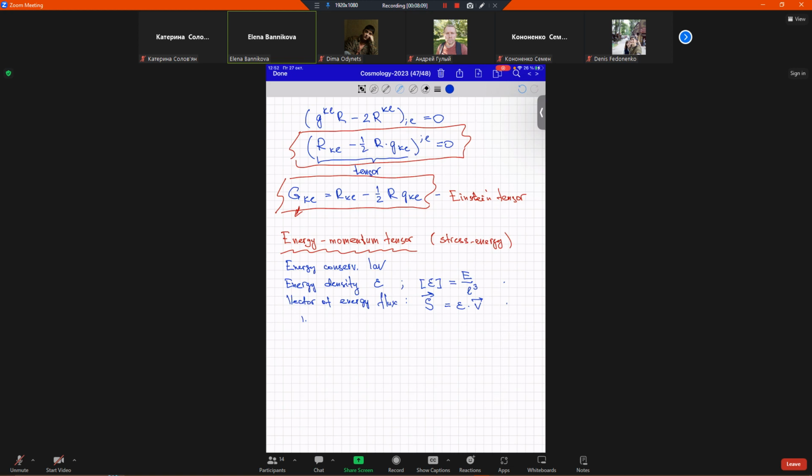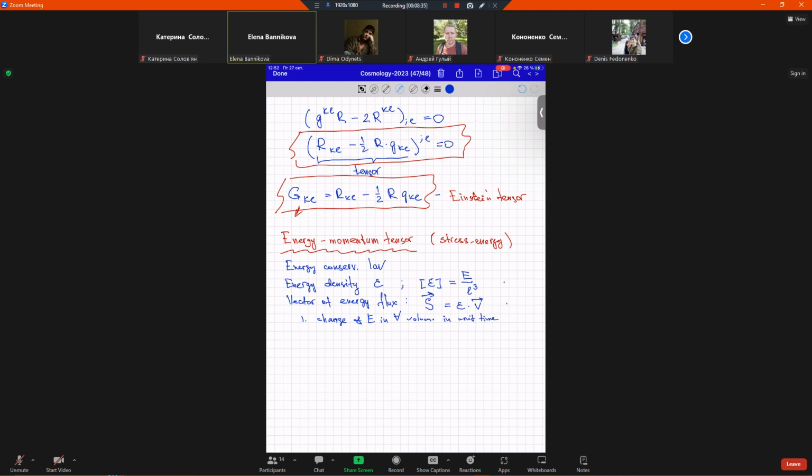Okay, we'll write it like this: change of energy in any volume in unit time.